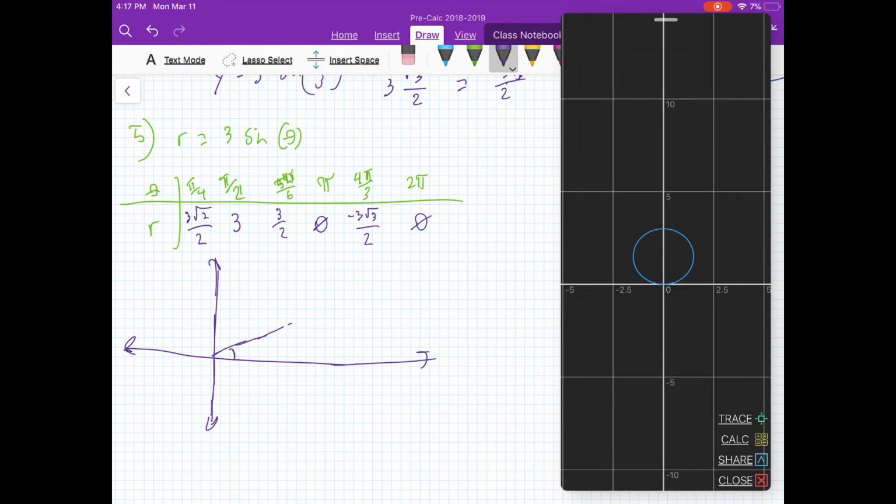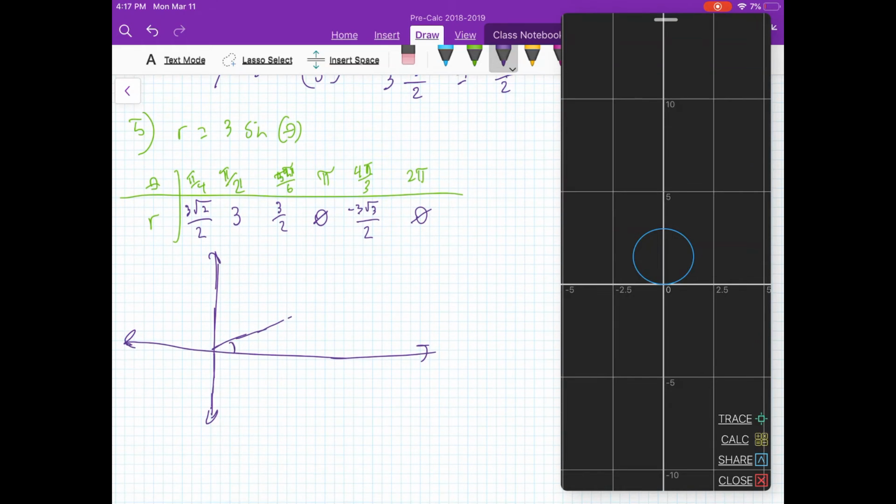If I were to graph each of these points, at pi over 2, I'd get 3, and at pi, I get 0.